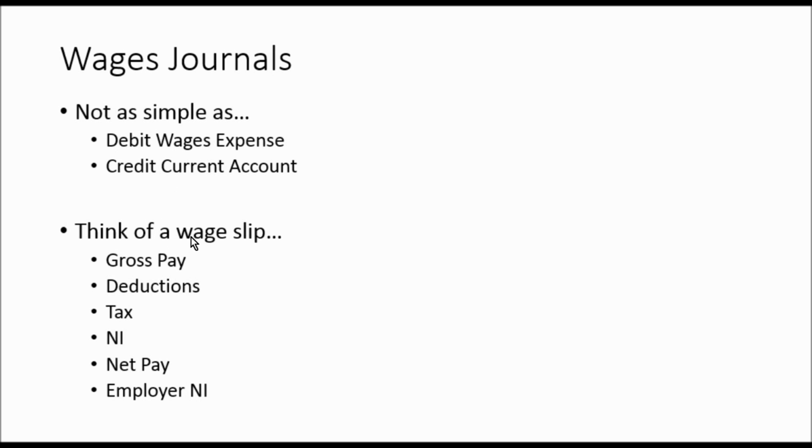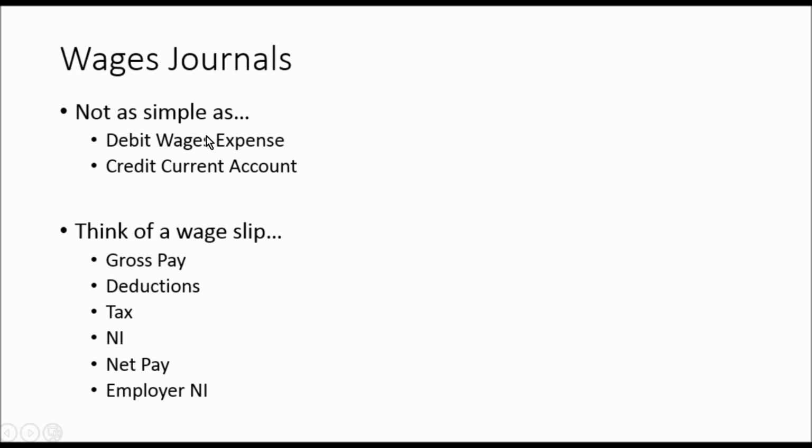If you think of a wage slip, you will have things like gross pay, any deductions, say pension contributions or other deductions. You'll have tax information on there. In the UK, you have national insurance, or NI, details. You have the net pay, and then this doesn't show on the wage slip, but in the UK, the employer also has to pay NI. In other parts of the world, the employer has to pay tax.